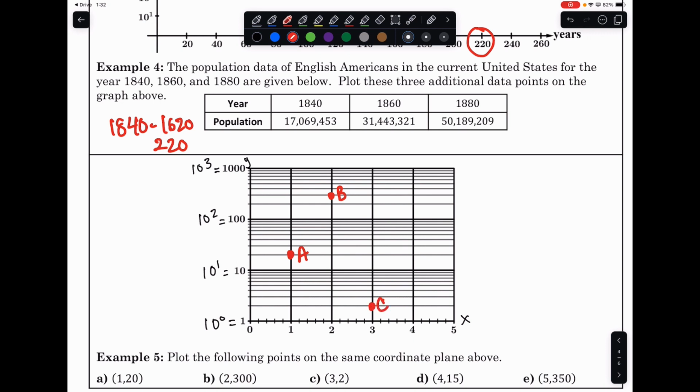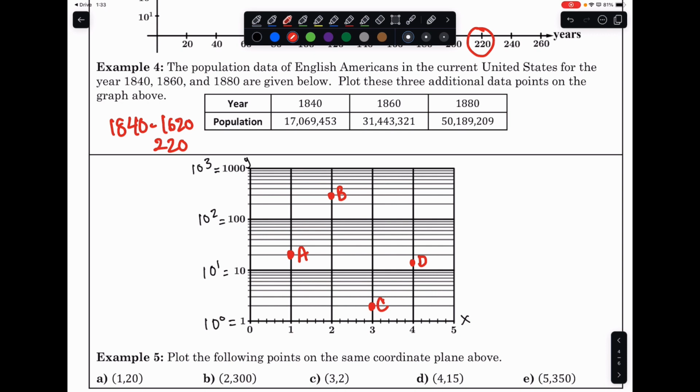Next, (4, 15). 15 would be, again, not 5 higher, because these are going in increments of 10. This is 10, 20, 30, 40, 50. So 15 would have to be between 10 and 20, so somewhere right there. So this would be D. And the last one, (5, 350).